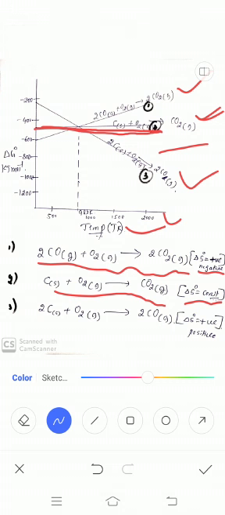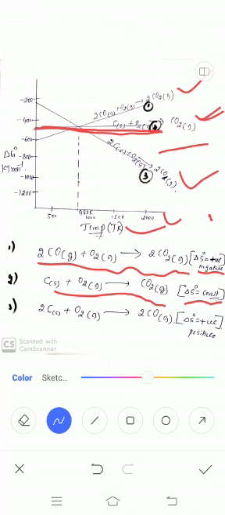Okay, third one. You see that the slope is in the downward direction, in the sense the line is coming down. With increase in temperature, the delta G naught value is decreasing. Why?